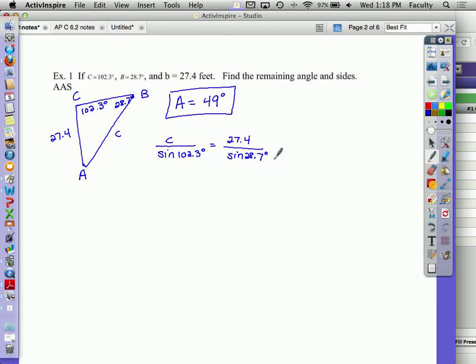Okay? So now, do you guys remember? This is a proportion, cross multiply, and I know some of you can just type it all in your calculator, which is absolutely fine. But in case you're looking for what you do formally, you cross multiply and divide.